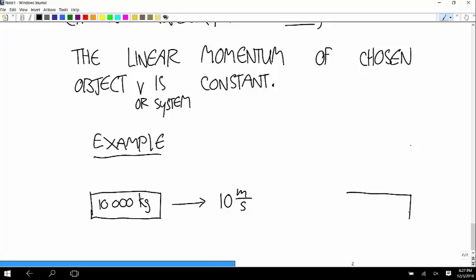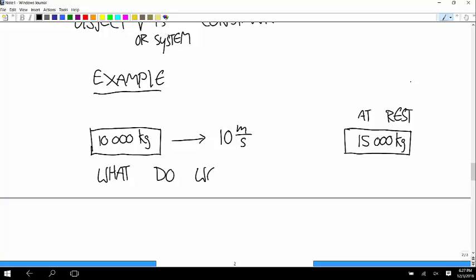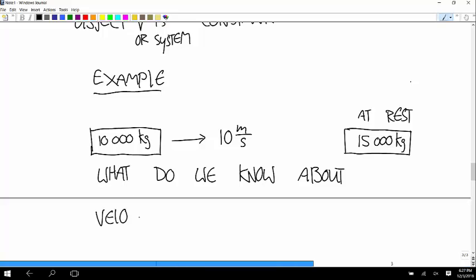And let's say that it hits another train car with a mass of 15,000 kilograms that's at rest. What do we know about the velocities of the train cars after the collision?